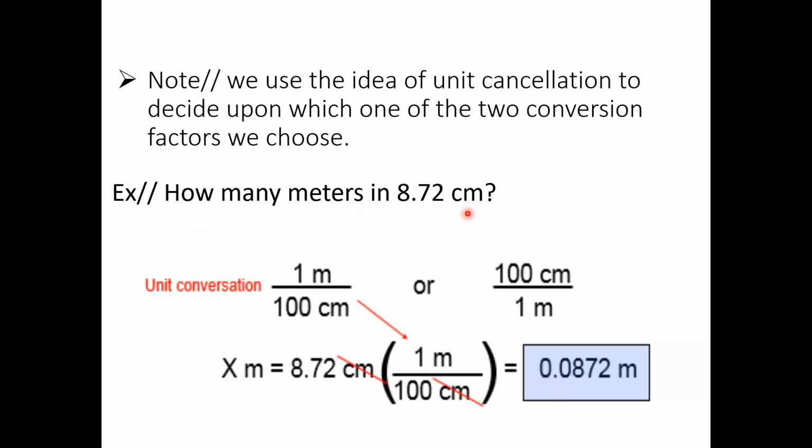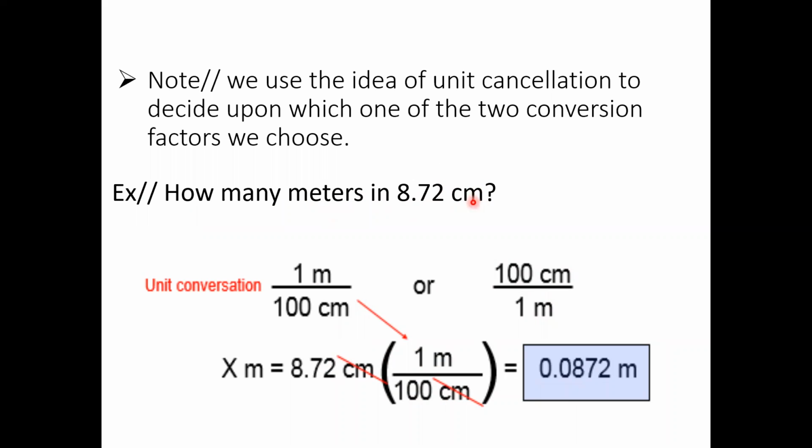We know 1 meter equals 100 centimeters, or each 100 centimeters equals 1 meter. We have 8.72 centimeters, and we just divide it by 100. We cancel the centimeter with the centimeter and the result is 0.0872 meter.